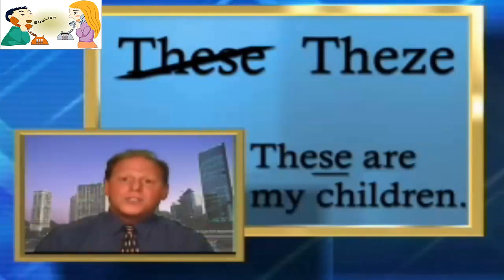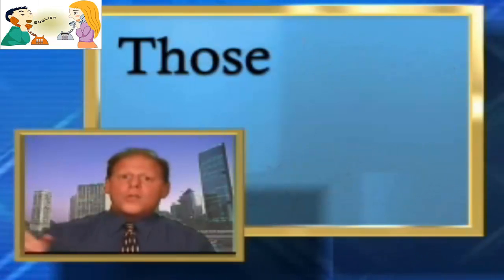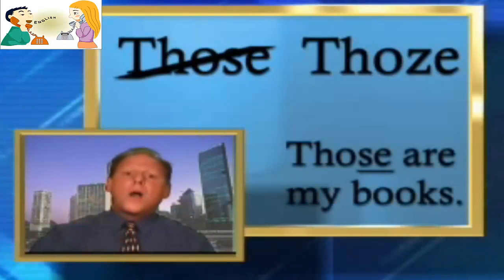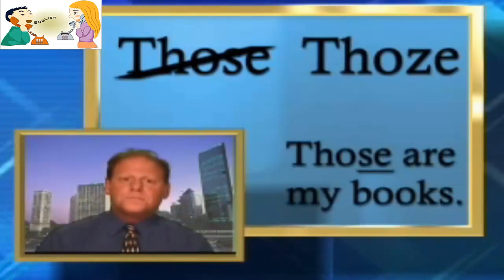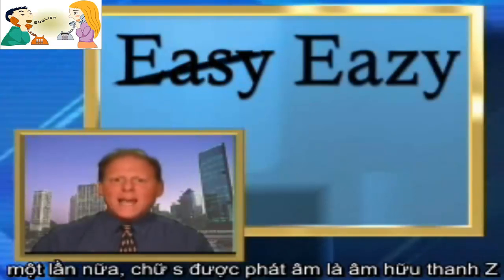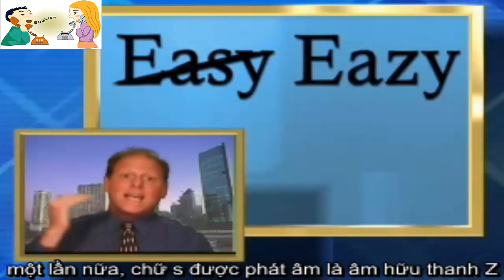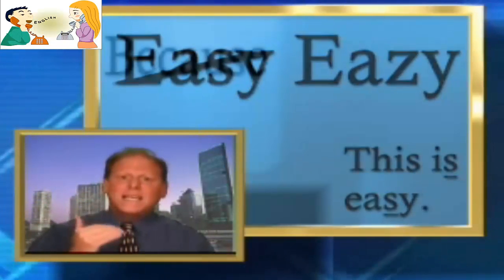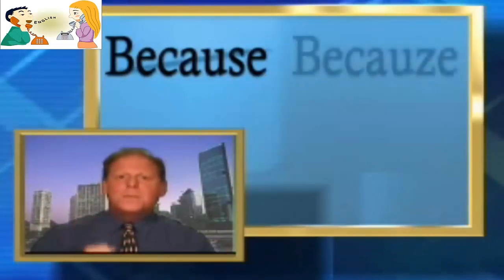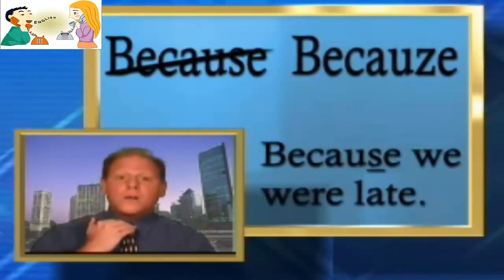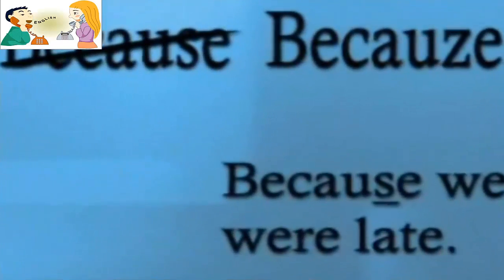These are my children. Those are my books. Easy. Again, the S is like a voiced Z. Easy. This is easy. Because, which is another common word, because we were late.